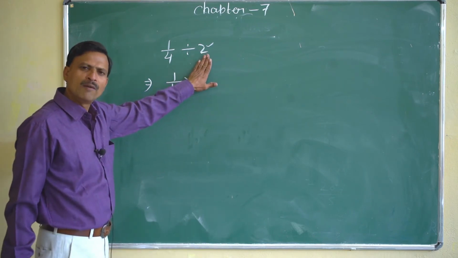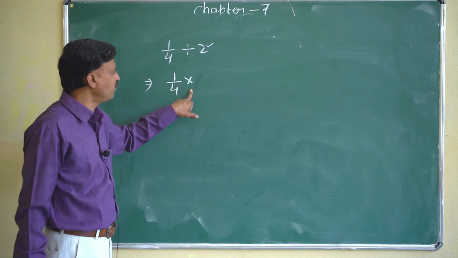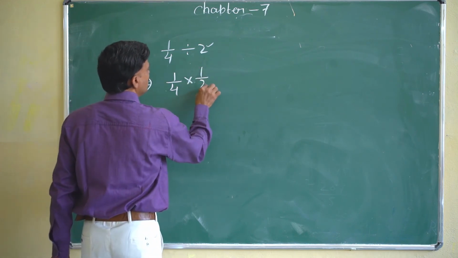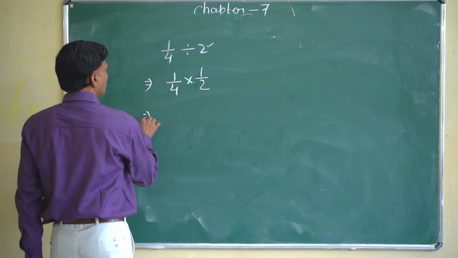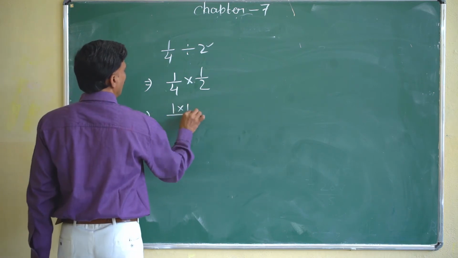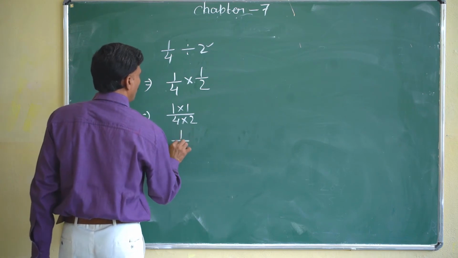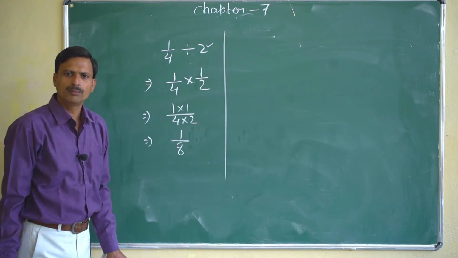This 2 becomes 1 by 2, because we have written the division as a multiplication. So it will be 1 into 1, and 4 into 2. So what do we get? 1 upon 8. Got it? Any problem?